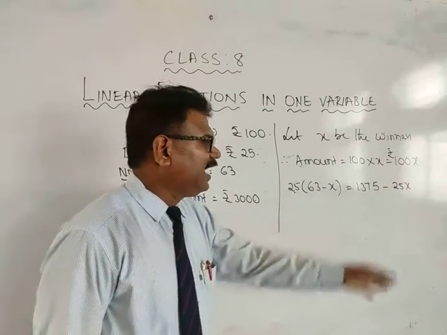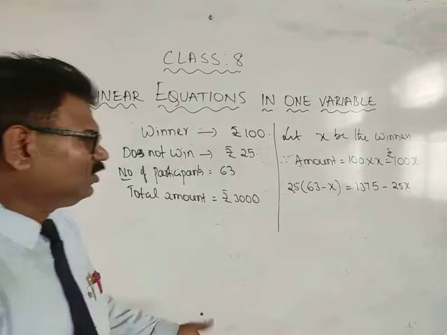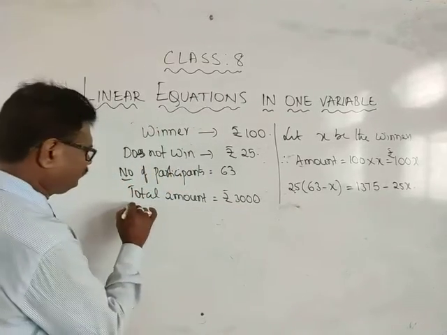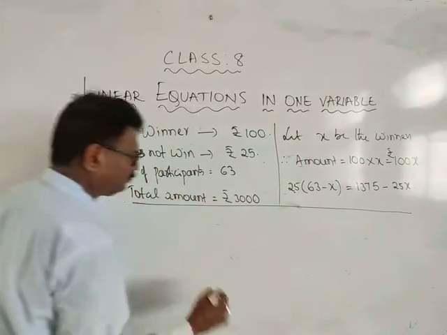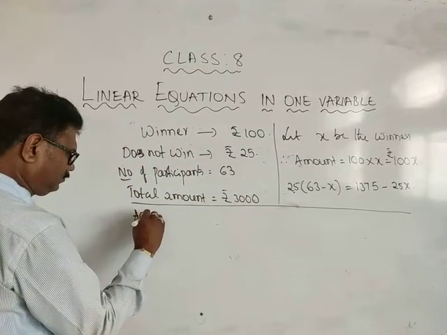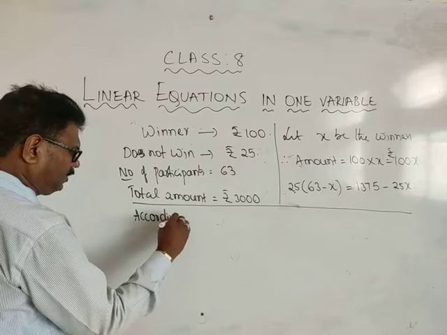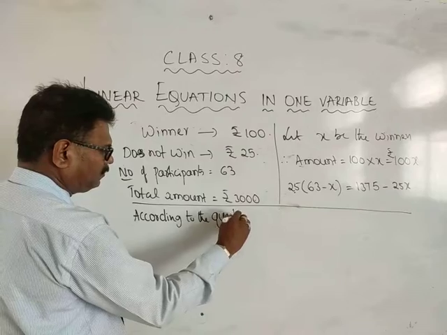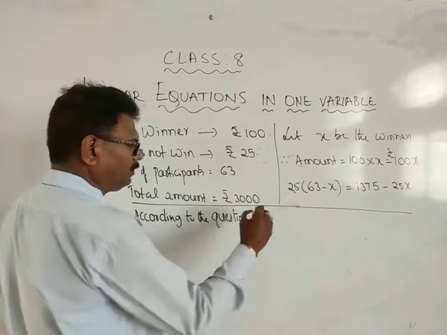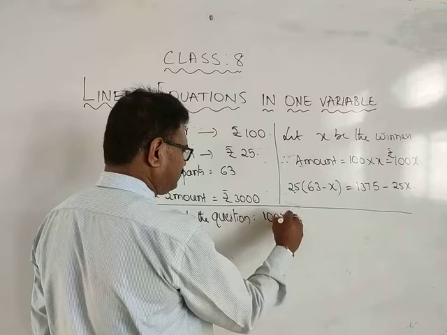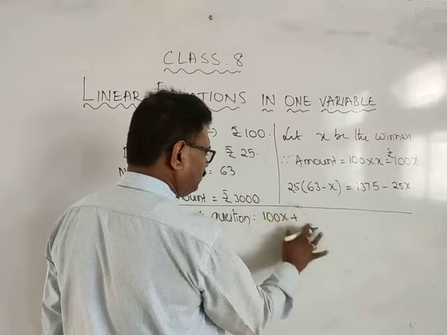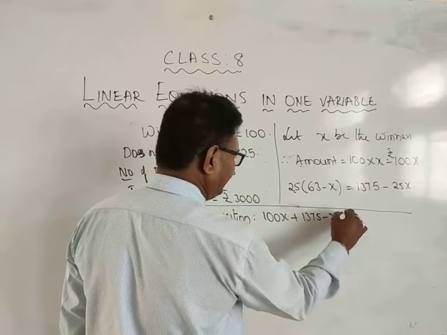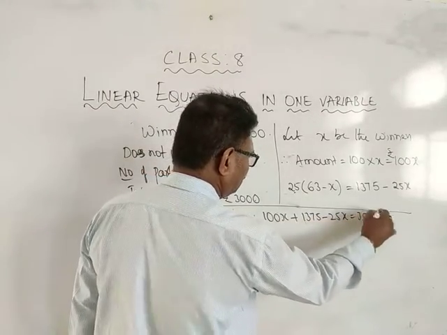This all adds up to what? 3000. Now add them according to the question. According to the question, 100X plus 1375 minus 25X is equal to 3000.